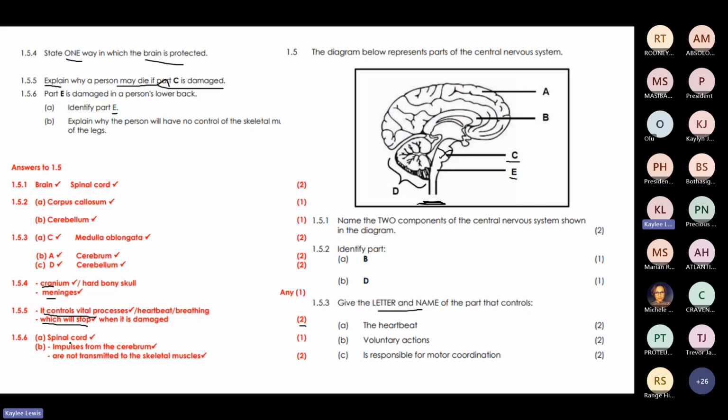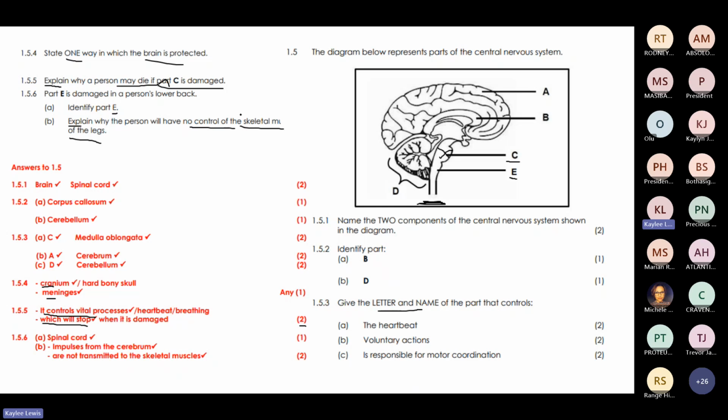So there's the answer. But the next question says, explain, another explain question. And they're usually worth 2 to 3 marks. So explain why the person will have no control of the skeletal muscles of the legs. So why will the person have no control of the skeletal muscles of the legs? Now you need to almost go back to your grade 10 knowledge.